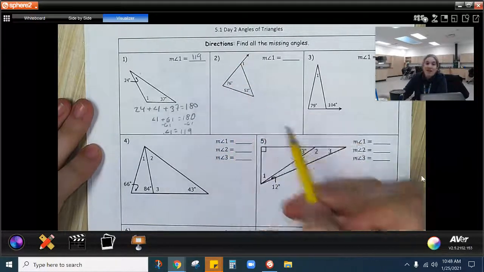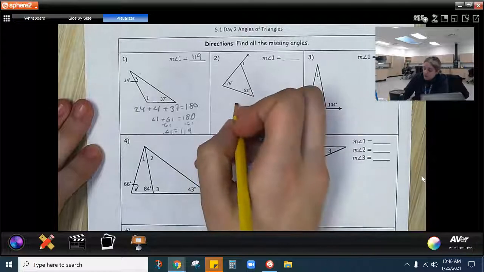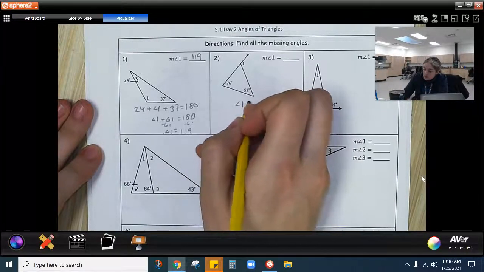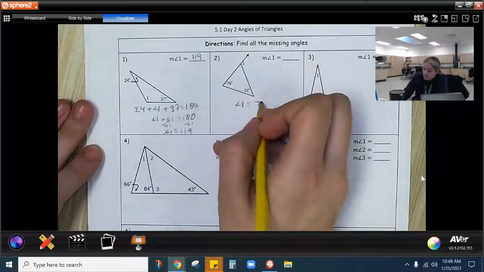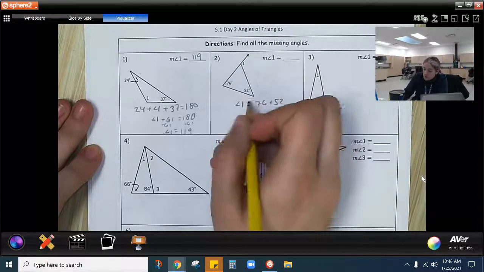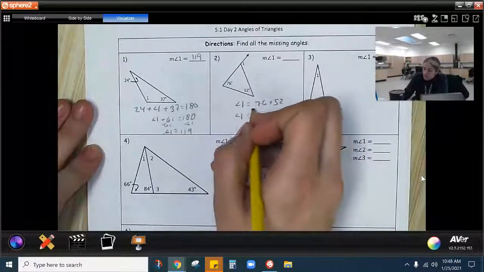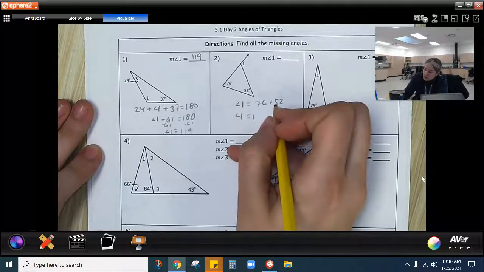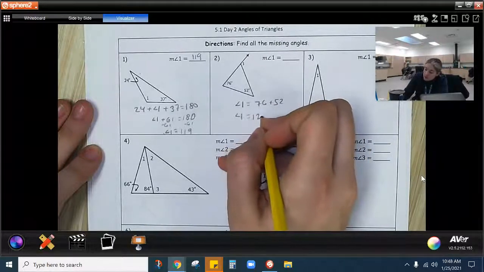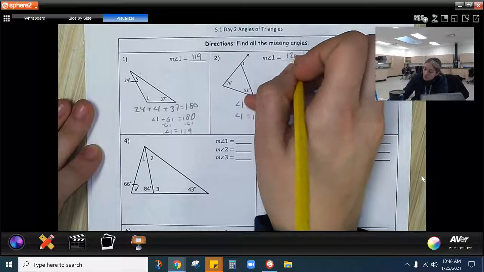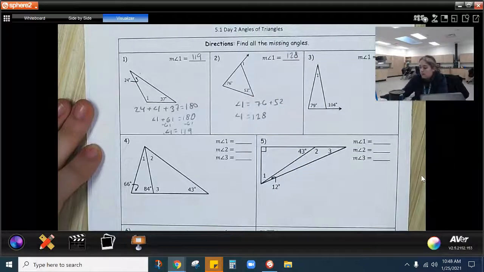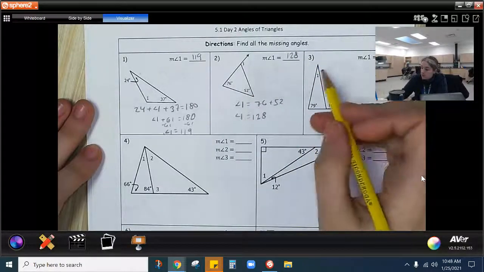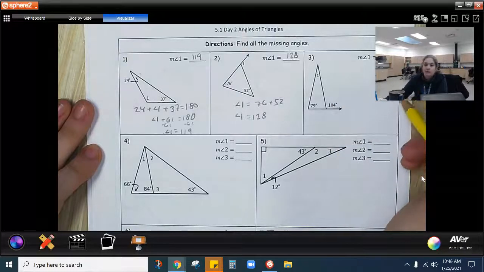All right, for number 2 here, we are looking for the measure of angle 1, and we've been given 2 non-adjacent interior angles. Well, we just said that angle 1 is going to equal the sum of these 2 angles. So all I have to do is add them together. So we get 128 for our angle measure. All right, for this one right here, we are looking for the measure of angle 1. Now, here's where it gets a little trickier.